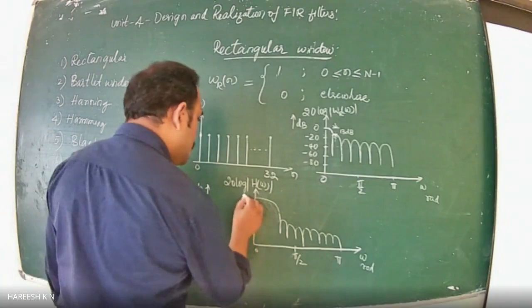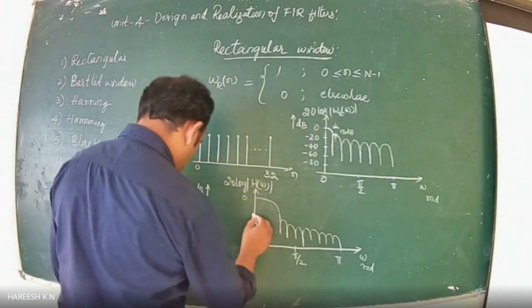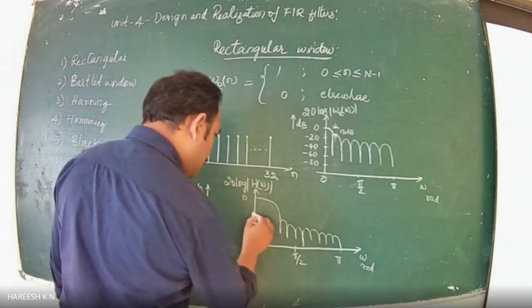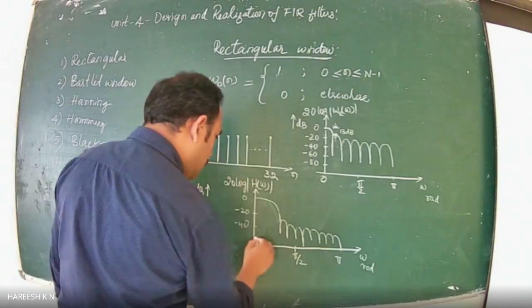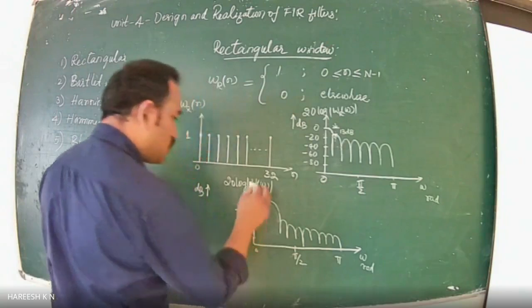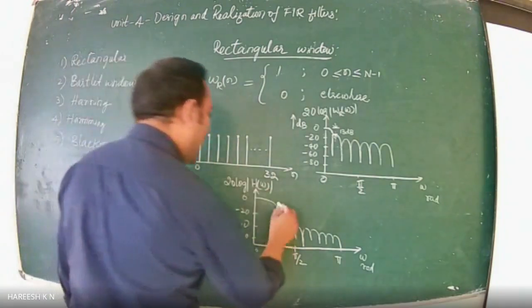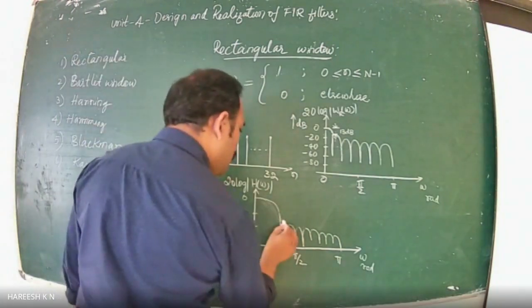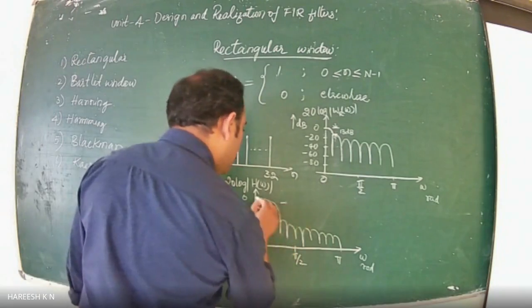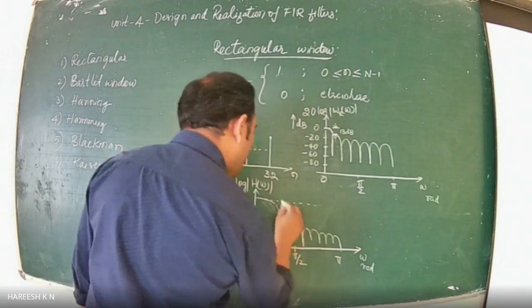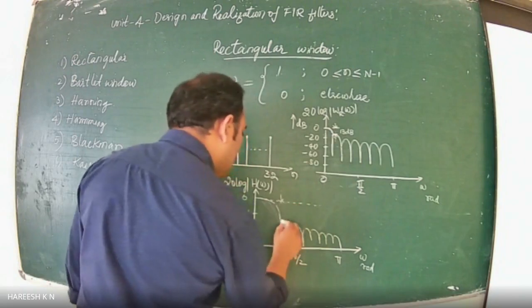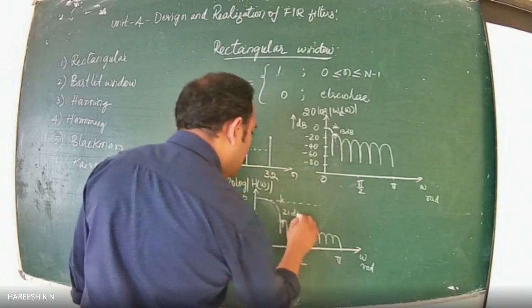If this is 0 dB, then somewhere here is minus 20 dB, minus 40 dB, minus 60 dB, and so on. The gap from the main lobe to the first side lobe is 21 decibels.